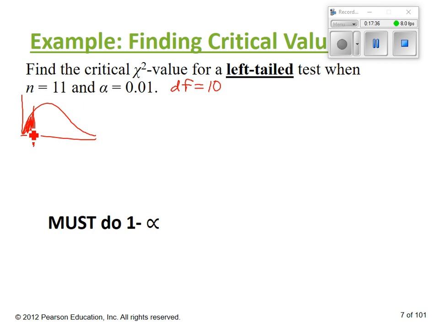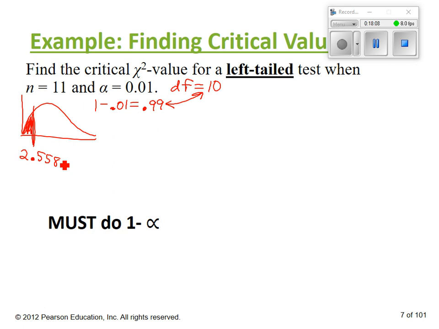Left tailed, what you got to do first is take 1 minus that. So 1 minus 0.01, which is 0.99. And we use these 2 numbers in the chart. So 10 and 0.99. 2.558. Now, is that supposed to be a negative because it's over here on the left?